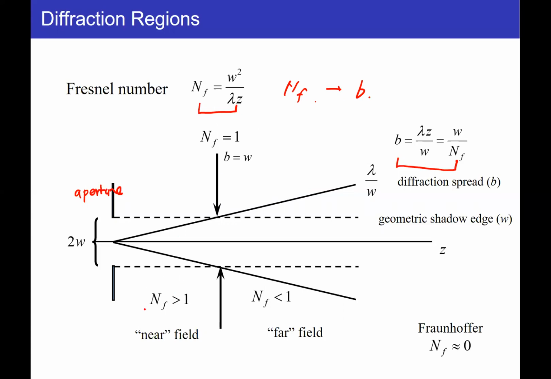If N_F is much larger than 1, then it is the near field, and then we have to follow, as you know, the Fresnel diffraction. And if N_F is much, much smaller than 1, then we have to think about Fraunhofer. Okay. And we have seen that from here to here we can describe how the image is formed using scalar diffraction theory.